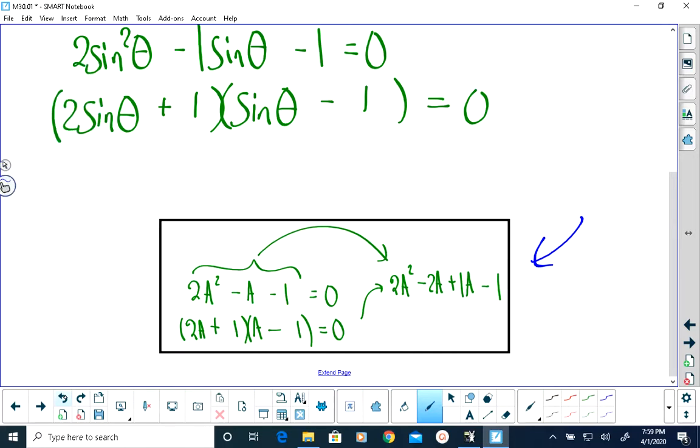No, I'm lying to you. It will be in about a week or so. We're going to be looking at doing a lot of algebra with sines and cosines and tangents and all these other trig ratios. So you cannot rely on changing things to letters like A. Anyway, let's get back to the question now.